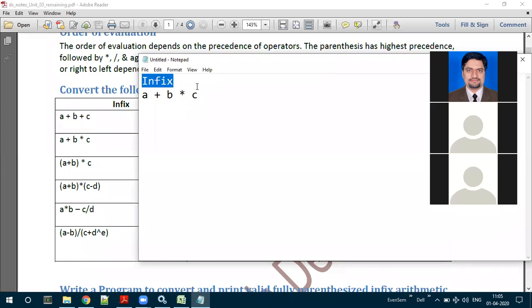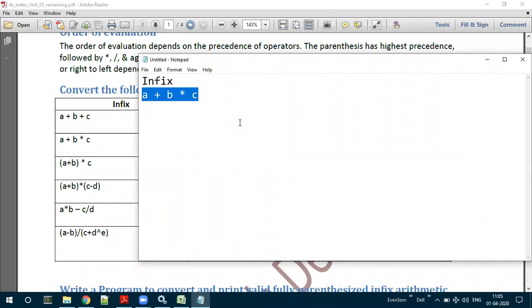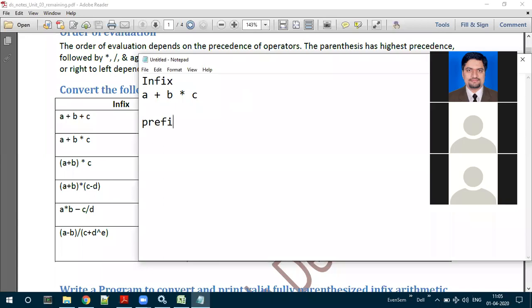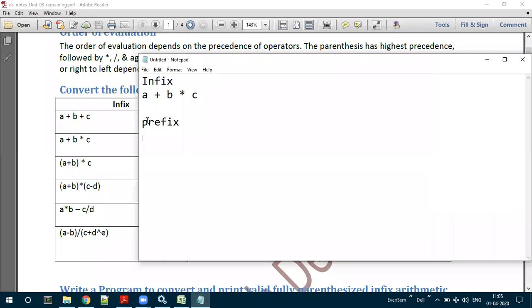Now we need to convert this particular infix expression to prefix or postfix. In prefix, we have to place the operator at the beginning, followed by its operands. Now let us see how this A plus B into C can be converted into prefix.